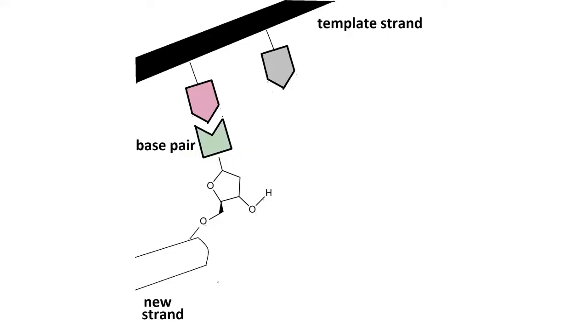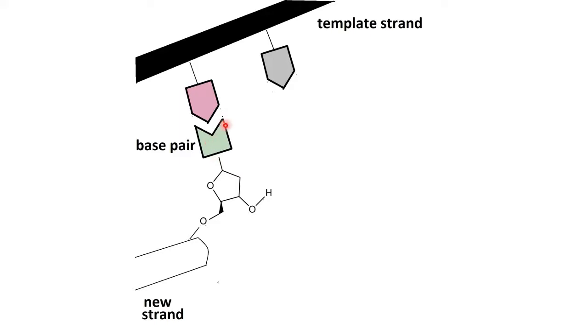So here we are then, poised just about to add another nucleotide onto a growing DNA strand. What we have here is, first of all, the template strand. So this is the existing DNA strand of which we're trying to make a complementary copy. This is the new strand that we've made, and right at the end of it, this is the last nucleotide that we've added.